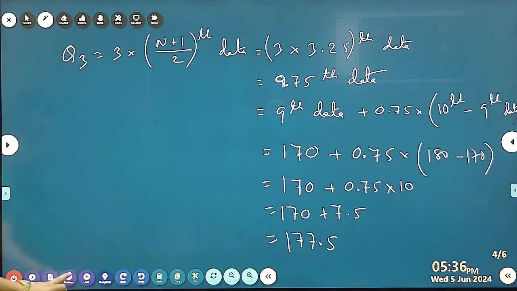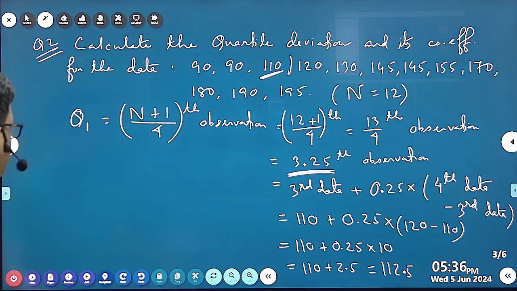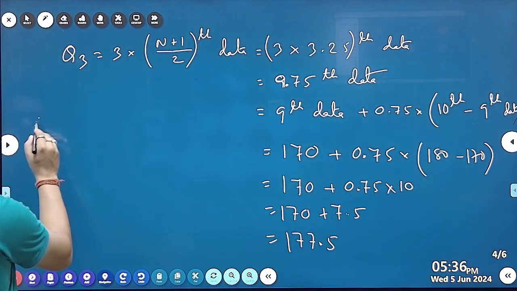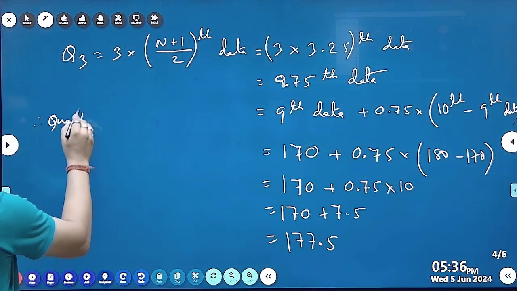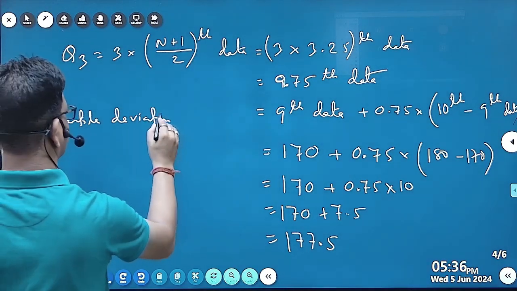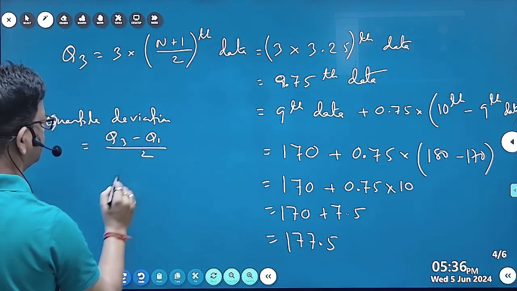And with this, you look at the question once, you are asked to find quartile deviation and its coefficient. Coefficient means coefficient of quartile deviation. Therefore, I'm just doing quartile deviation here. What is the formula? Q3 minus Q1 divided by 2. Just put it in.